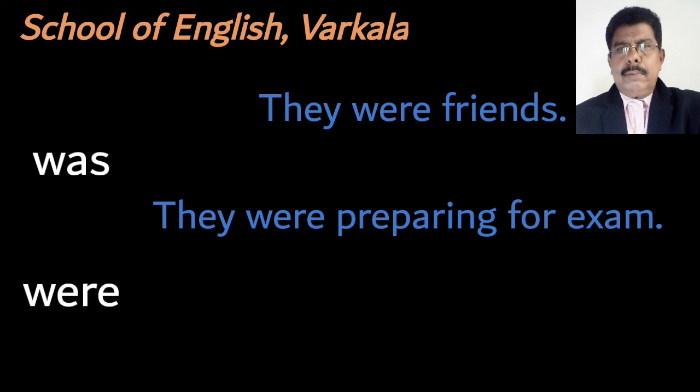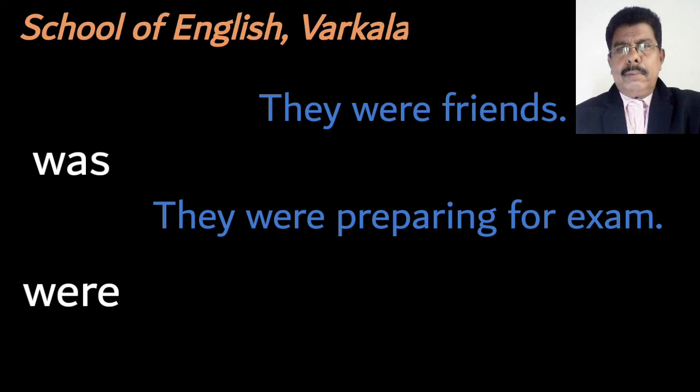It helps the verb prepare to frame its past continuous form. Whereas in the first sentence, that is, they were friends, the verb were is used as an independent verb. So from here we understand that the verb were can stand as an independent verb and also as an auxiliary verb.